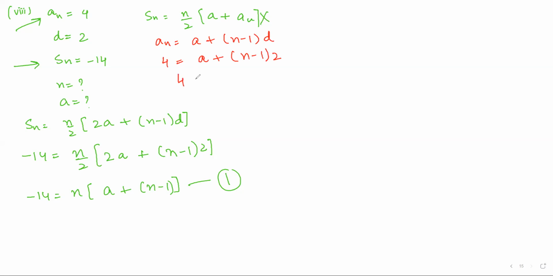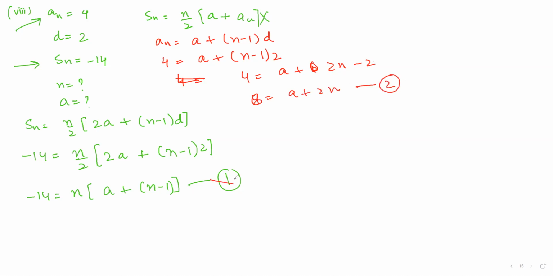So 4 is equal to a plus, just open the bracket, 2n minus 2, right? So 4 plus 2, that is 6 is equal to a plus 2n, right?